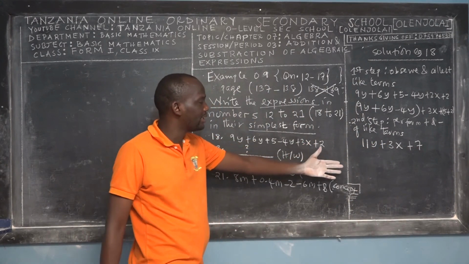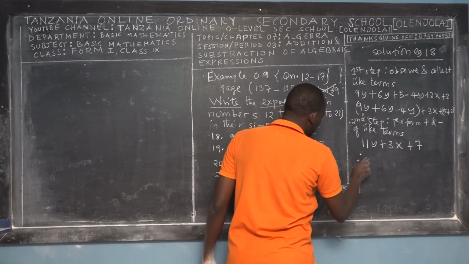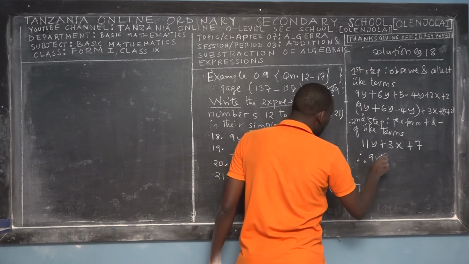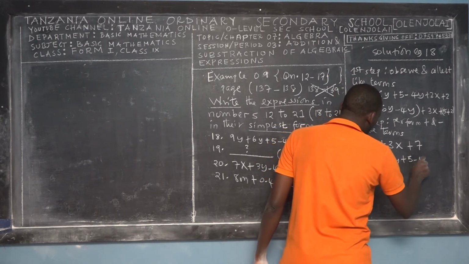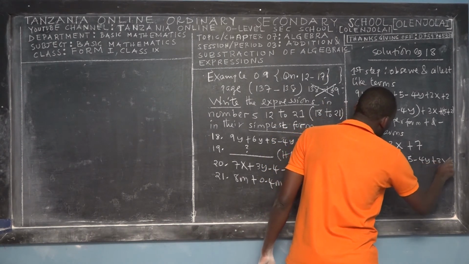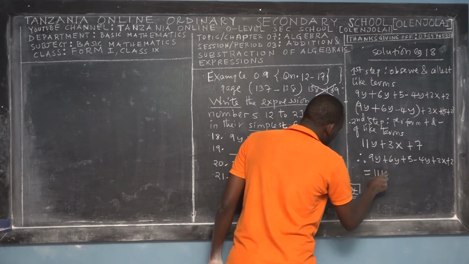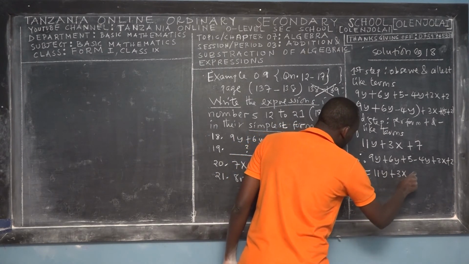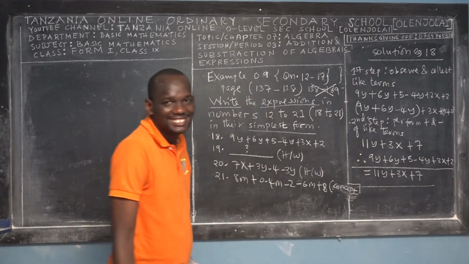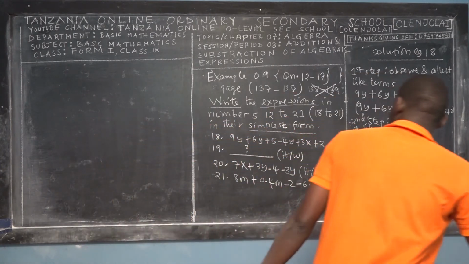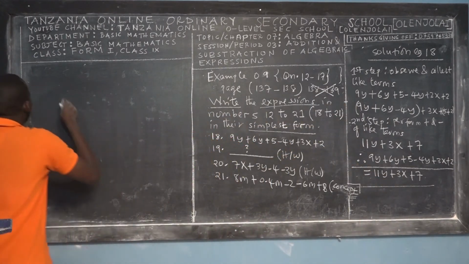You cannot simplify beyond these expressions. So that's the last expression. So 9y plus 6y plus 5 minus 4y plus 3x plus 2 is equal to 11y plus 3x plus 7. You're done. Right? And then we have now the solution for example 21. Beautiful, because you have a decimal number.